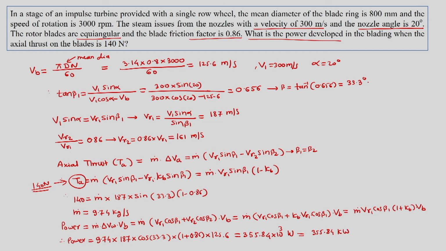So this is how we would have solved this example, where we were given the axial thrust and then made use of it to find out the mass flow rate.